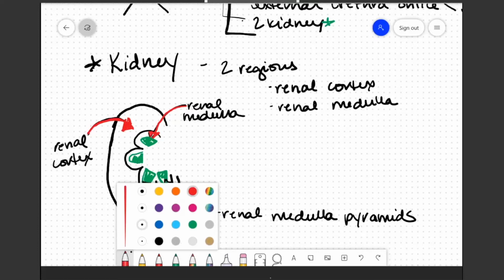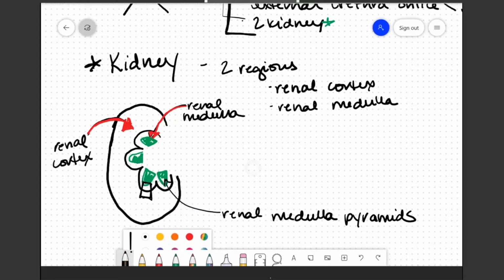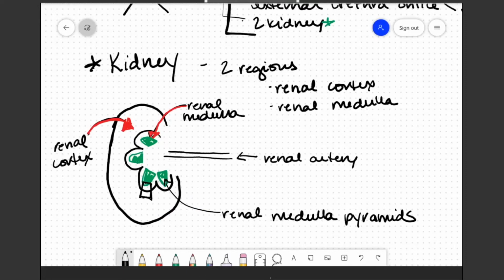Coming into your kidney, you are going to have a structure that will bring blood in. So this will be your renal artery. This will bring the blood into the kidney. Then you will have a structure that takes the blood away from the kidney, and this will be that renal vein.